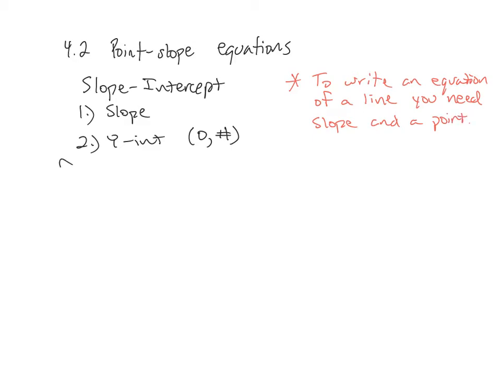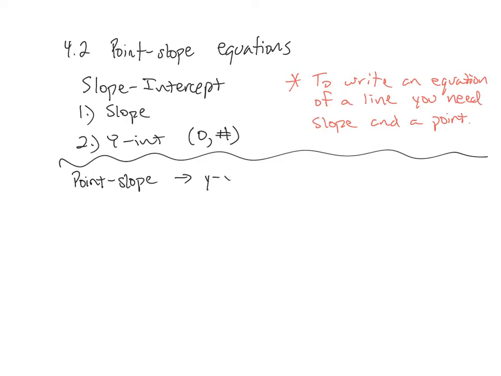And again, if the point happens to be the y-intercept, because it's 0 comma a number, that's the best case scenario, but many times it is not. And so when it's not, we have to use point slope form, because I have a point and I have a slope. So it should be hopefully easy to remember the name, but it's a different formula.